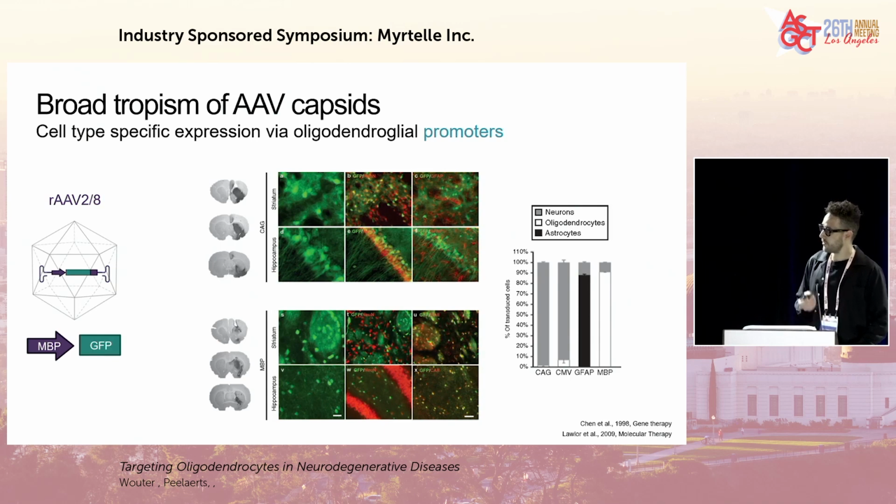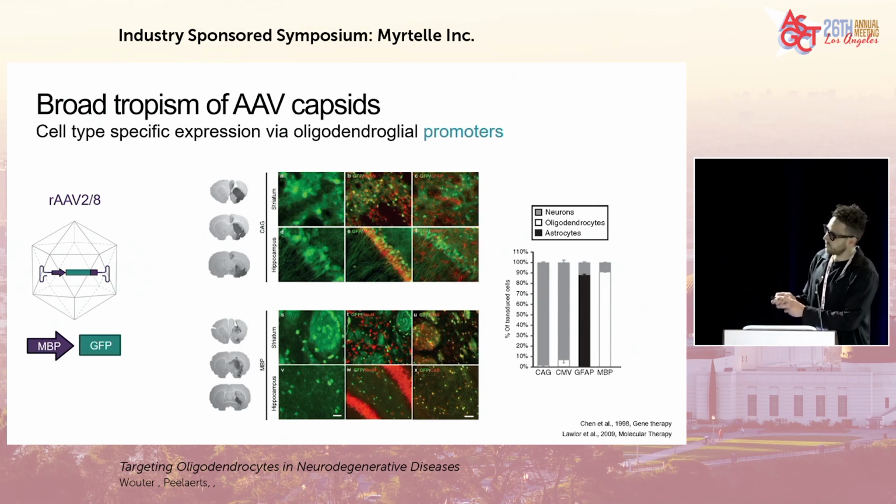One of the first studies I looked at targeting oligos in vivo used broad tropism AAV capsids in combination with cell-specific promoters, in this case the MBP promoter, to restrict expression to different cell types. In the top panel, you can see GFP transgene expression after injection into the striatum.